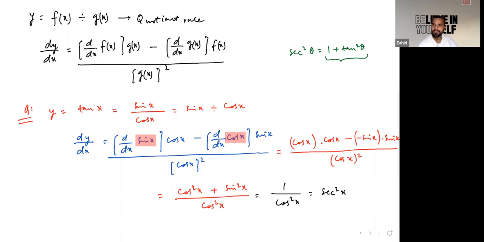Or you may do it like this: divide cos squared x by this part as well as this part. So you get cos squared x divided by cos squared x plus sin squared x divided by cos squared x. So cos and cos cancel out, so it will be just 1, and sin over cos would be tan squared x. I think Nabila and Nikhil have done this part. Yes, sir. Vaishnav, is it clear?